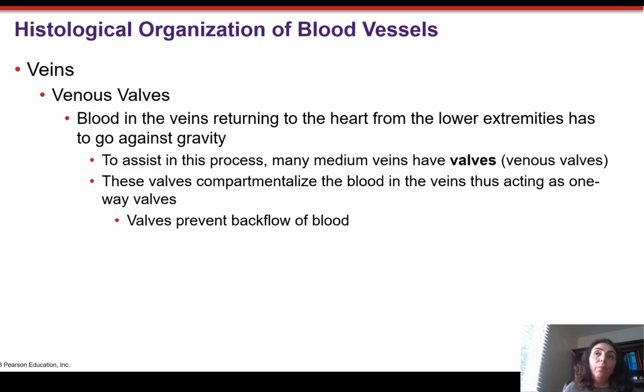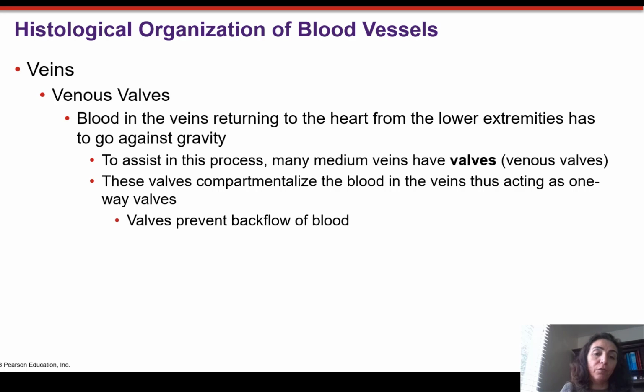It means that when blood passes through one valve, it remains in that compartment. Between this valve and the next valve, we can consider it as one compartment. So when the blood goes up and passes through this valve, it cannot go back to the previous compartment.